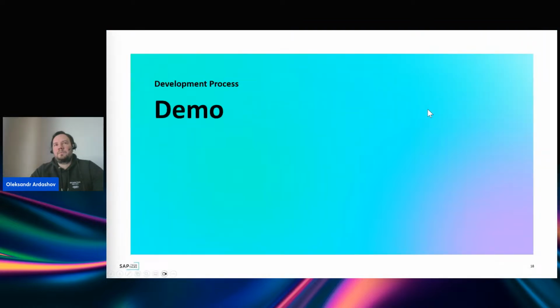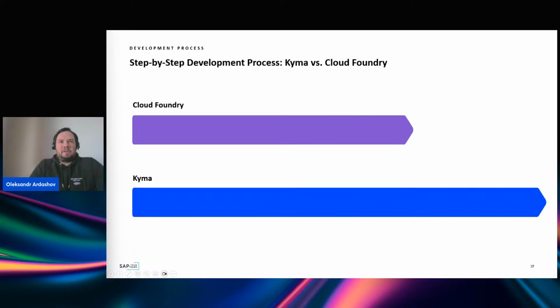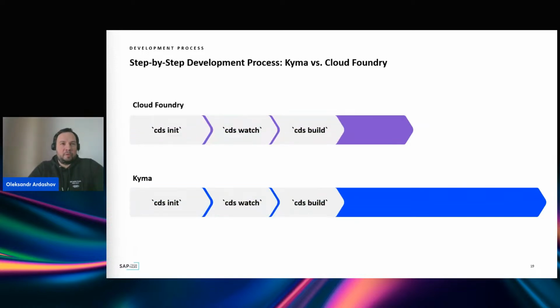Okay, so the development process. Here we have a comparison of the development process for Cloud Foundry and for Kyma. We usually start from the instantiation of the project. So with CDS init, we set up the project in our IDE development tool.